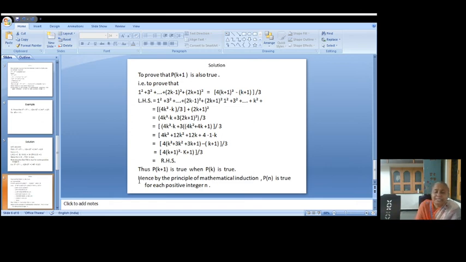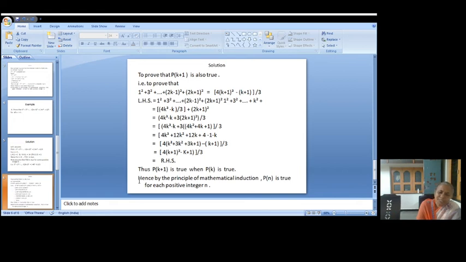Now again here the term k cube plus 3k square plus 3k plus 1 is nothing but (k plus 1) whole cube, and hence we write the term as 4 in bracket (k plus 1) cube minus (k plus 1) divided by 3, which is nothing but our RHS part.